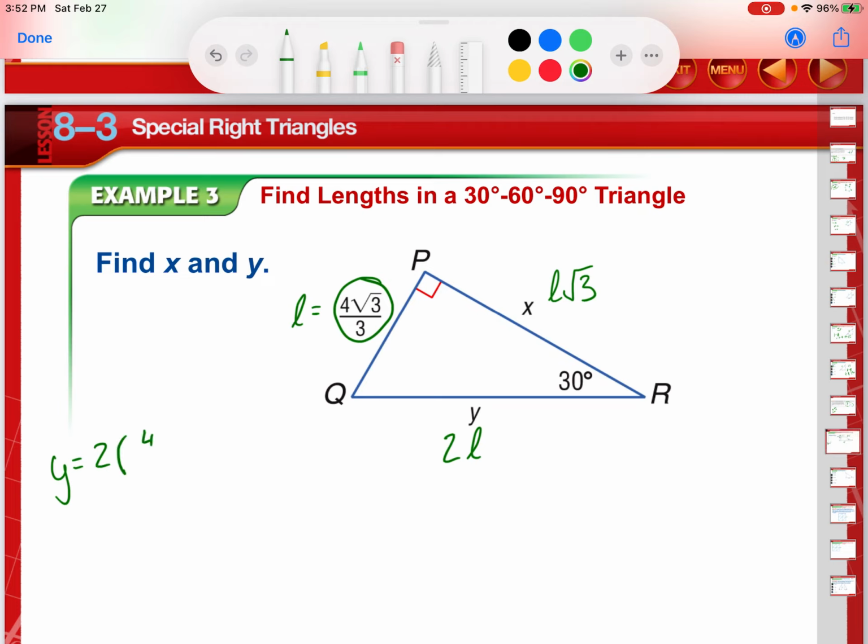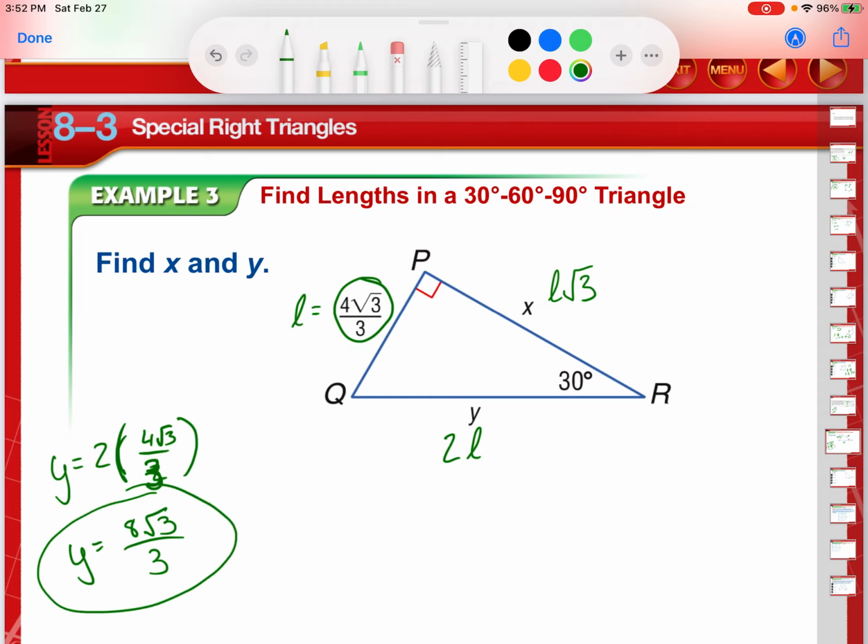How that's going to work, we know Y equals 2 times 4 root 3 over 3. Sorry, over 3. I lied. So if I were to multiply this in, what I'm going to end up with is Y equals 8 root 3 over 3.